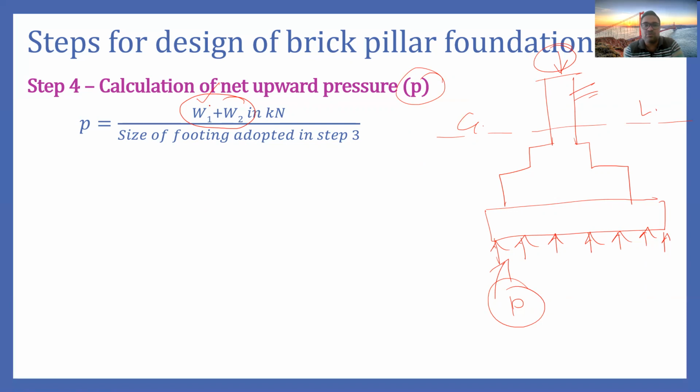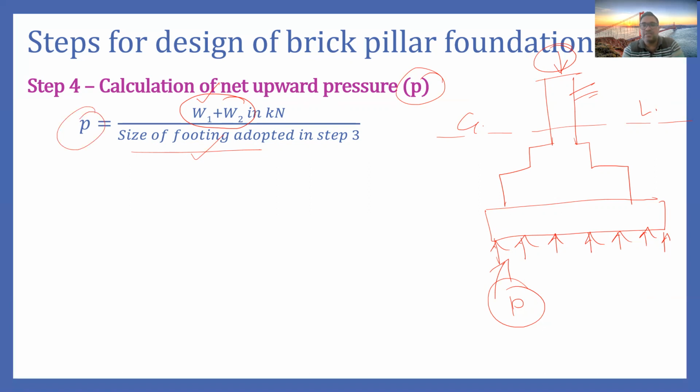So here we will consider only W1 and W2 and divide by the area of the footing adopted in step 3. Whether we have adopted the size by calculation or by stability criteria, whatever, the area we have adopted in step 3 will be considered here. So by putting all the values, we can calculate the net upward pressure. So that is our step 4.